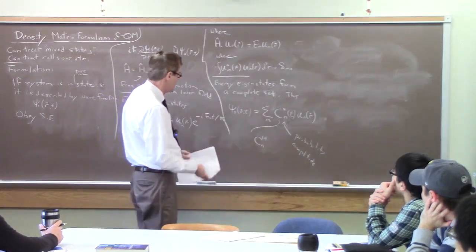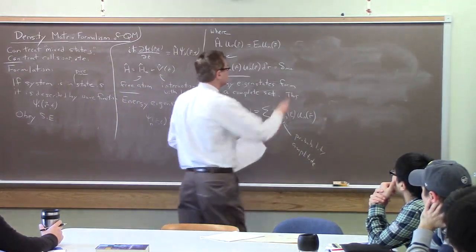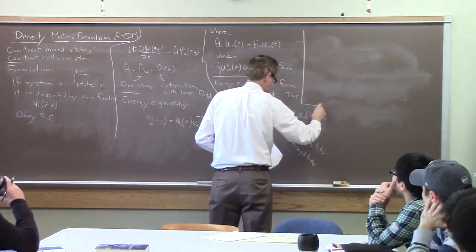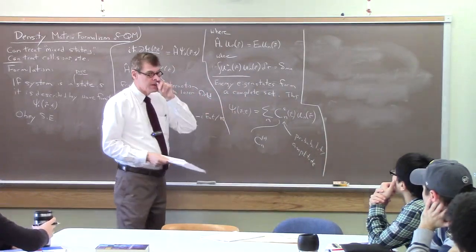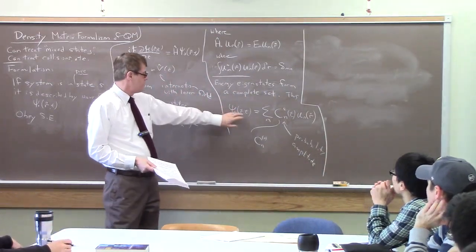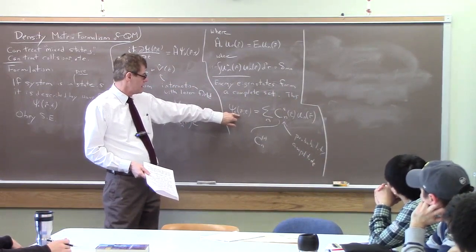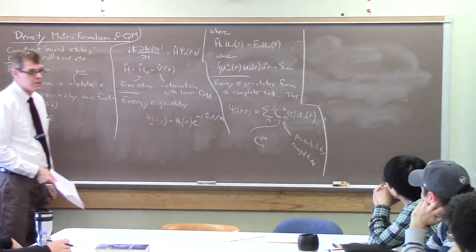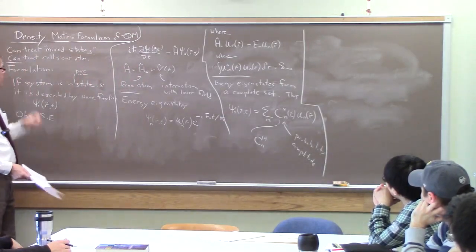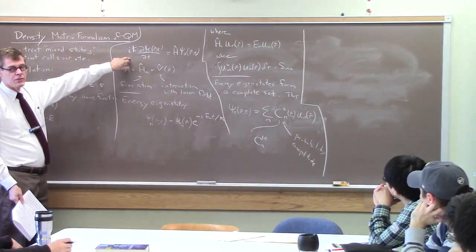Okay, so this decomposition here says that if I want to know the time evolution of this state psi sub s, I have at least two options. One is to say this is a differential equation.